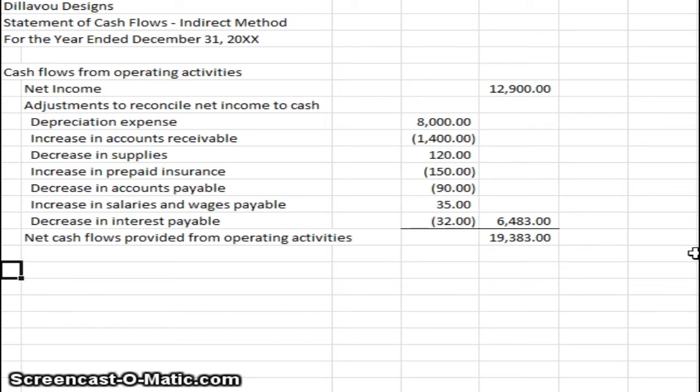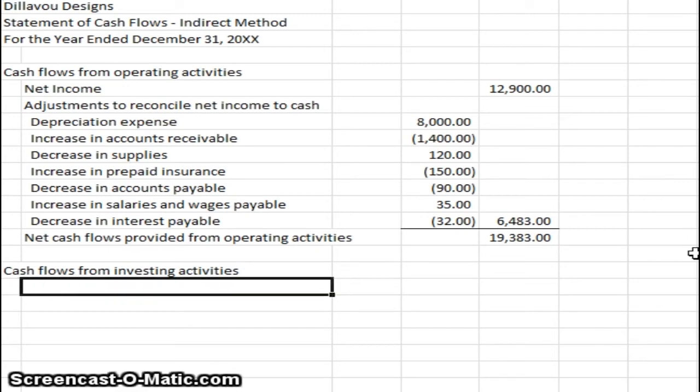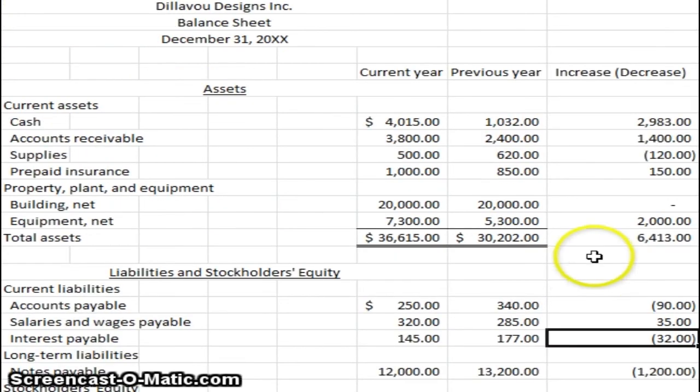All right, so now we do cash flows from investing activities. So now we need to look for items that have to do with long-term assets and long-term liabilities. So let's go and look at our property, plant, equipment here.